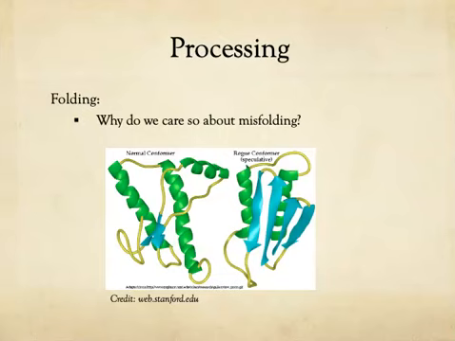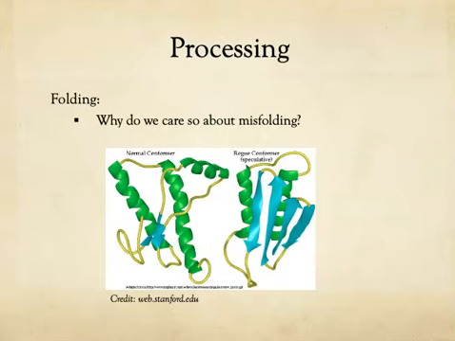Another really scary feature of prions is that they are transmissible from one species to another. So human beings who consume the nervous tissue, including the brain tissue, of a cow that has mad cow disease, can then go on to develop that disease in themselves.